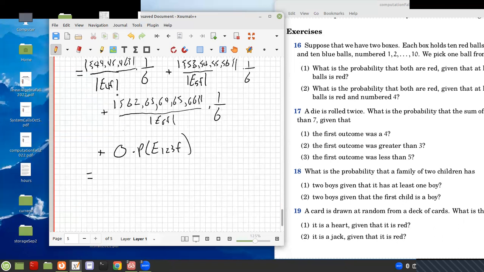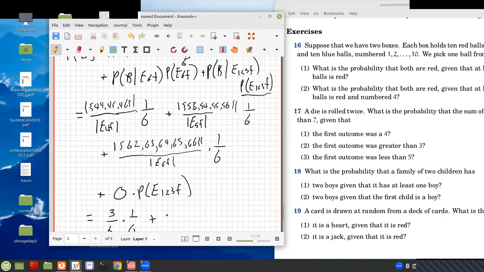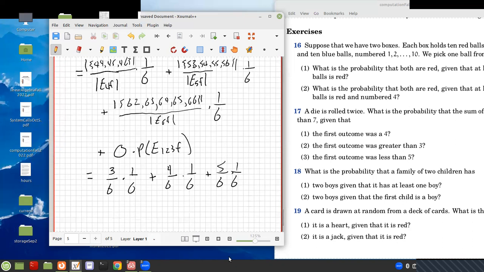So this is going to be 3 over 6 times 1/6, plus 4 over 6 times 1/6, plus 5 over 6 times 1/6.